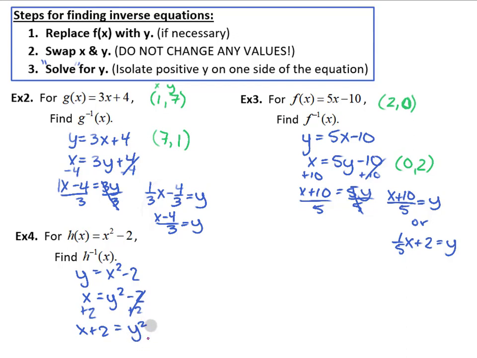And now remember, to undo an exponent, when something is squared, we use the square root. That's the opposite operation here. But remember, when we have something that's squared, we also get 2 possible cases. So we really end up with plus or minus the square root of x plus 2 being equal to y.